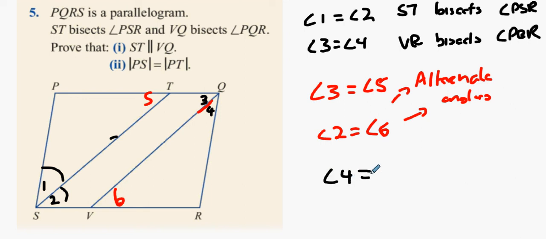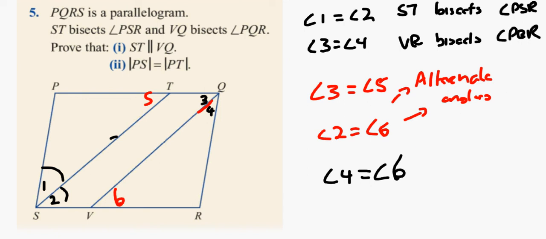And angle 4, which is RQV, equals angle RVQ, or angle 4 will equal angle 6. For what reason?